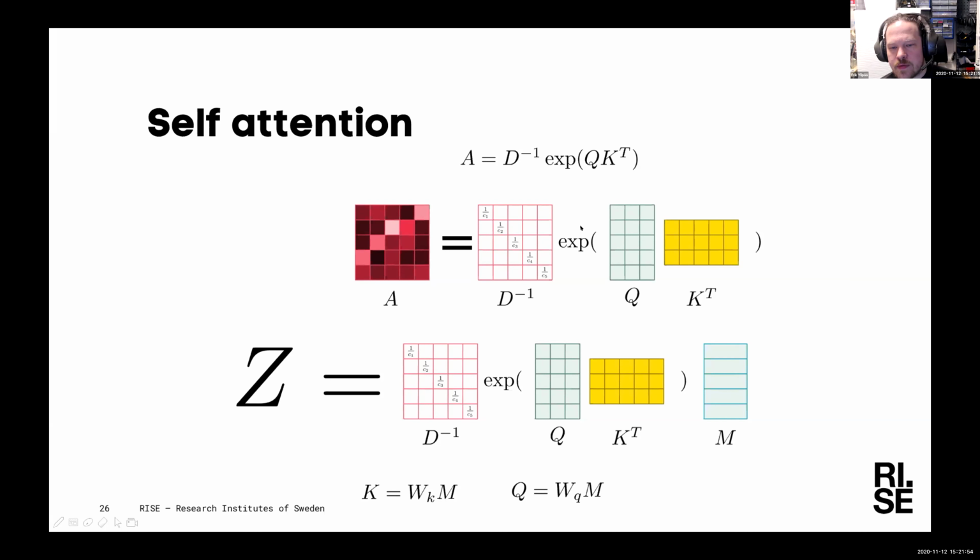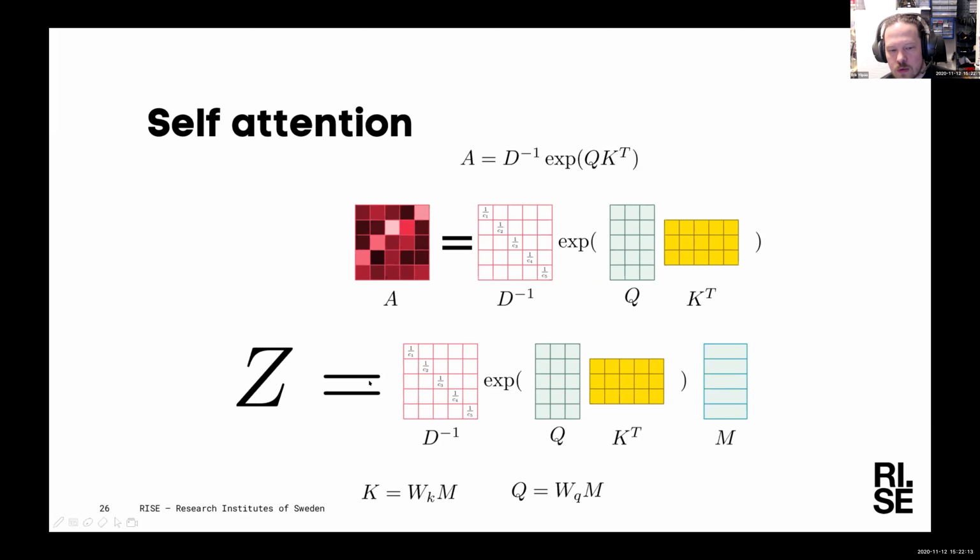Then think of this exponentiation function. It is element-wise, so it acts on each element in the resulting matrix. The resulting matrix will be the number of memory slots times the number of memory slots, the same size as this one.